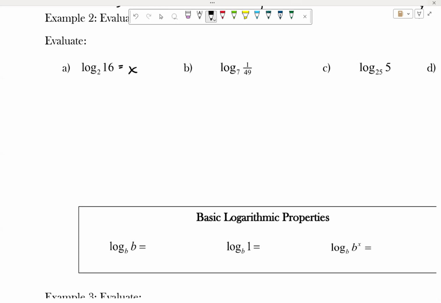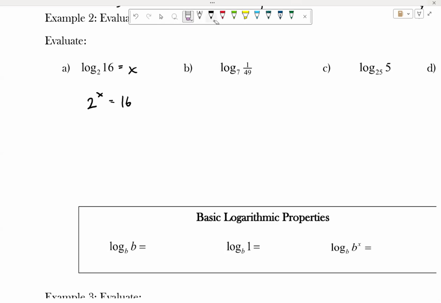Can you please show me what we got for A? Did you get an answer? Well, it's asking you to evaluate, which means we need to come up with the value of that quantity. So now that it's in this form, 2 to the x equals 16, you can figure it out. 2 to the what equals 16? 4.